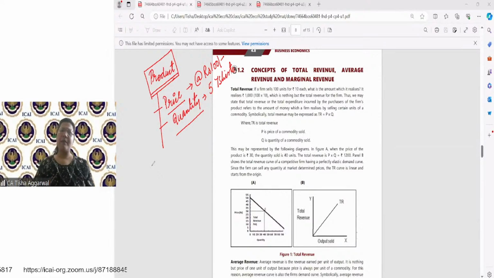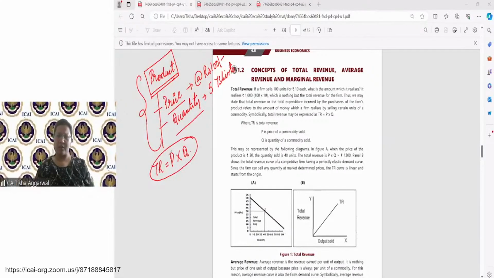Now, if this is the product, price and quantity, let's understand how we deal with it. The total revenue is price into quantity. What is total revenue? Let's say Palak runs a business, maybe a departmental store, or she owns a bakery.